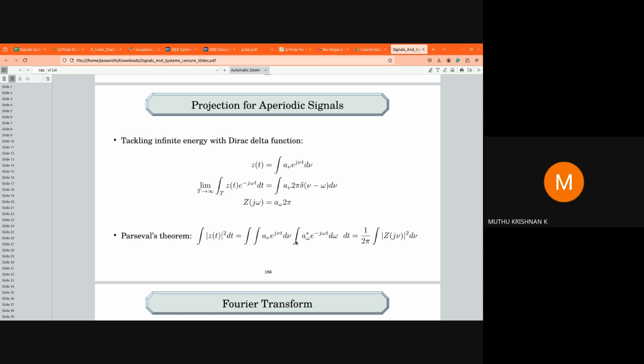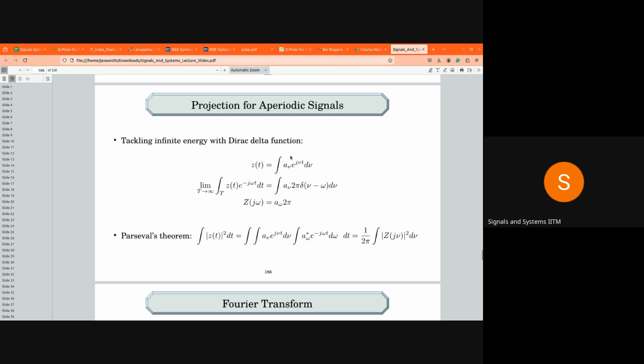So while taking the inner product, why in z of t are we considering the frequency in one notation, that is nu, and in the phasor, e^{-j omega t}, we have the frequency in another notation, that is omega? I think the reason the professor used a different notation, omega, is that in certain cases people get confused. Had it been dv, you would have written it as dv. So think of this as dv, so you are integrating two times, right?